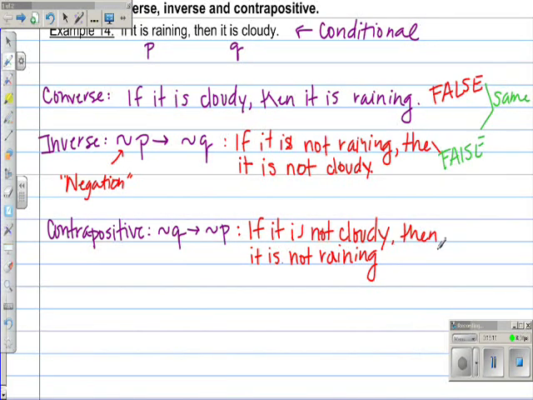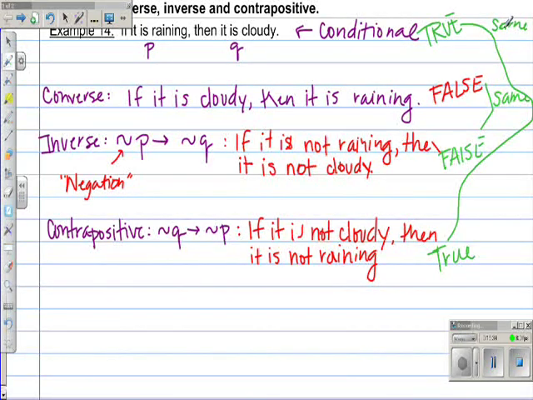That's your contrapositive. Now this one, we know would be true, because you have to have clouds for rain. Well, if it's raining, then it's cloudy. That one's also true. So again, your conditional and your contrapositive always have the same truth values as well.